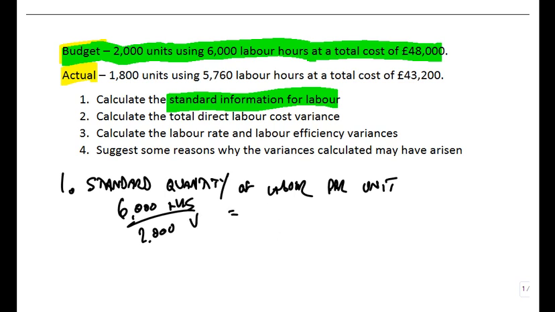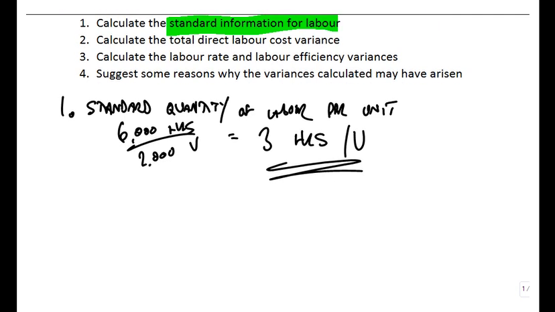That is 3 hours per unit. I'm expecting every single unit here to take me 3 hours to produce, therefore 2,000 units will take 6,000 hours. So that's my standard quantity of labour, giving me a measure of how fast I think staff are going to be. If they take less than 3 hours, then I can identify that they're going to have a favourable labour efficiency variance.